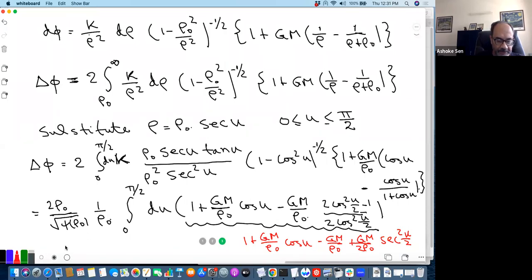So this then gives you 2, the 1 over square root of psi rho 0, I'm going to write as 1 plus gm over rho 0.